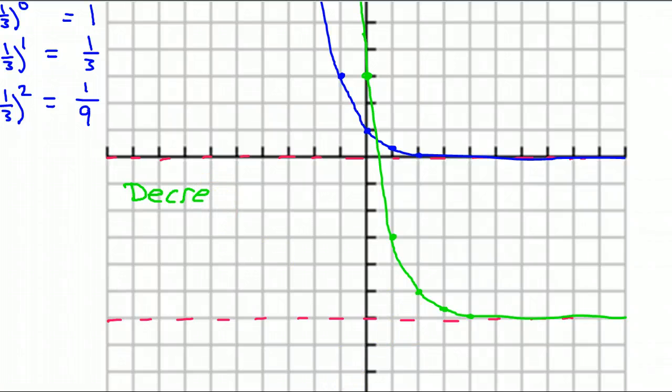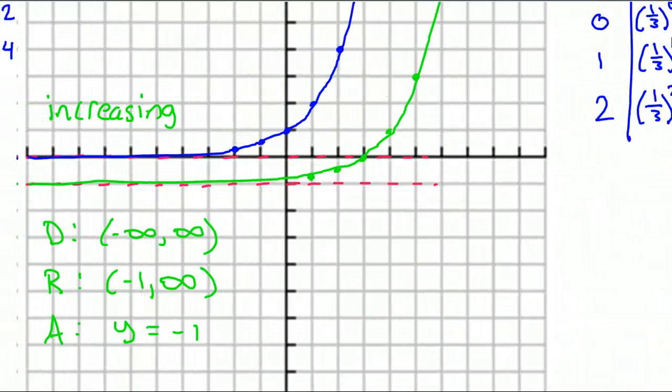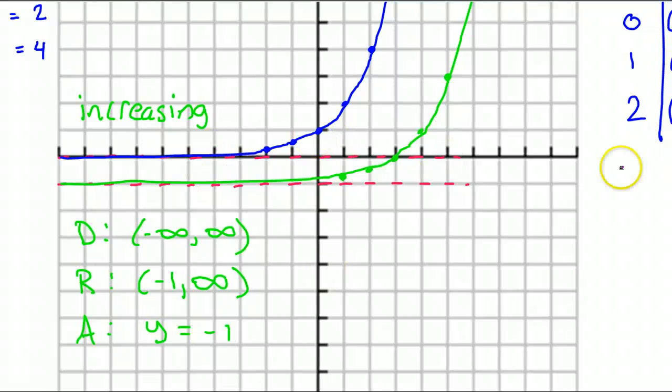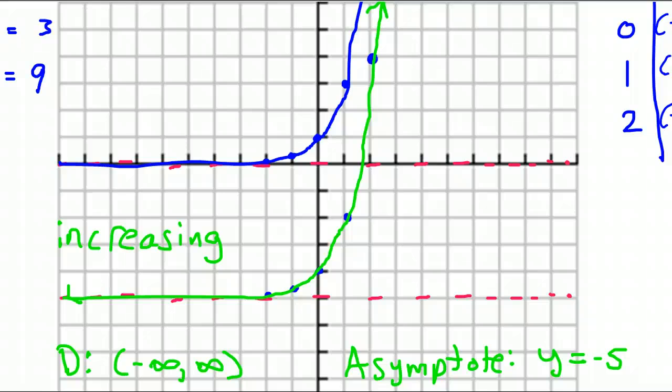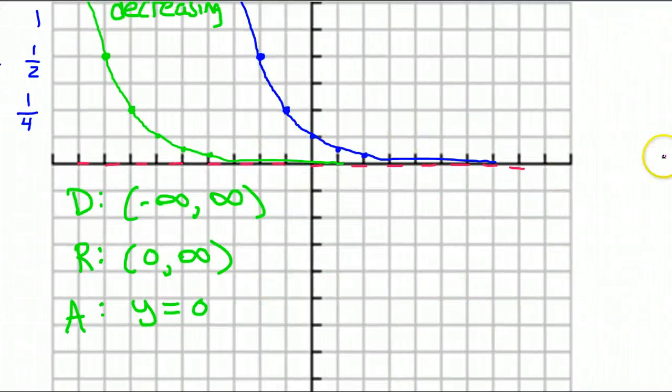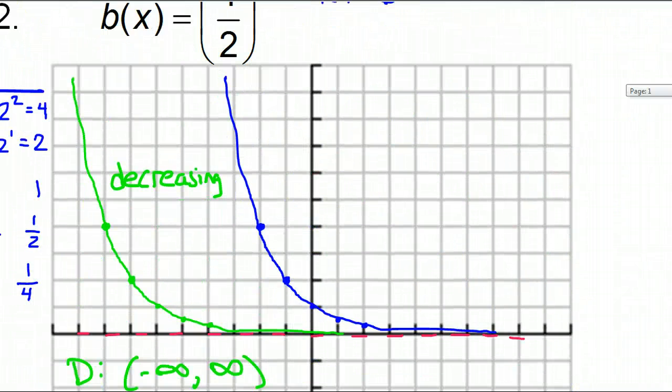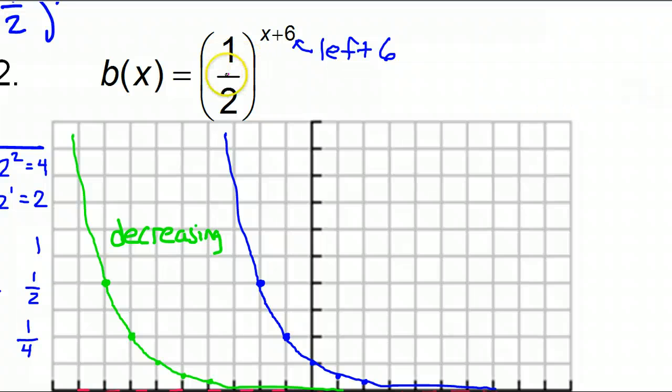Wait, did I say still? I shouldn't have said still. These graphs were increasing. Okay, increasing. This graph, when we did number 2, was decreasing. All right. Remember, we might as well go ahead and focus on this. If the base is less than 1, it's going to be decreasing, as you can see.